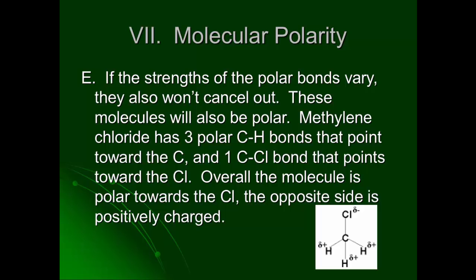So overall, you've got this force pushing towards the carbon and up towards the chlorine. So the chlorine is negatively charged, and the lower part here is going to be positively charged. And so this is a polar molecule. So you have to do this 3D imagination of how the tug-of-war would all solve out to figure out if the overall molecule is going to end up polar.